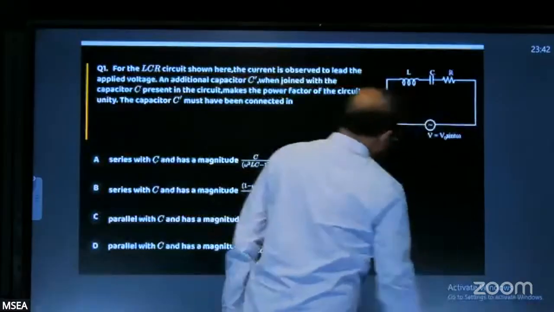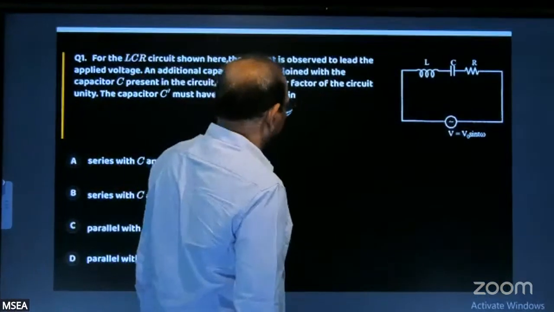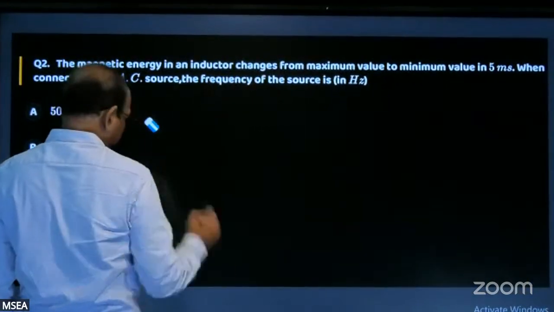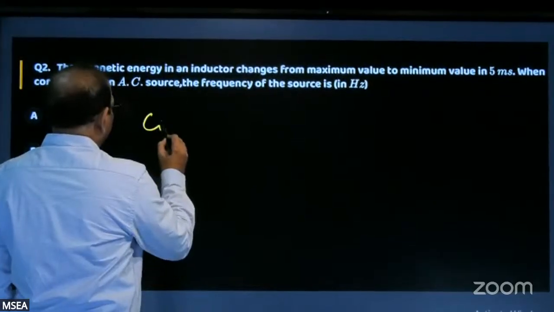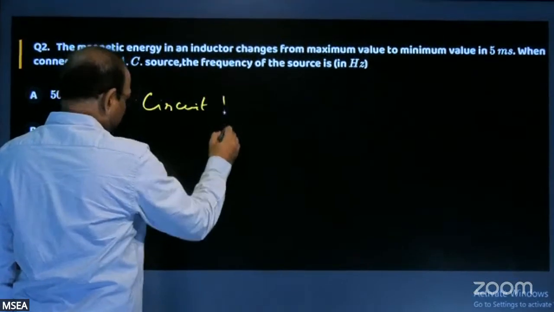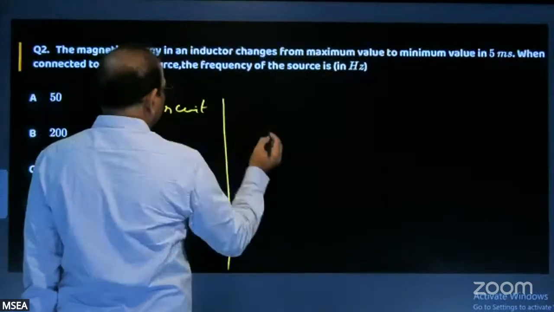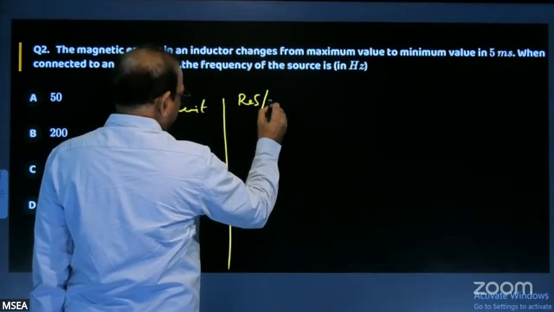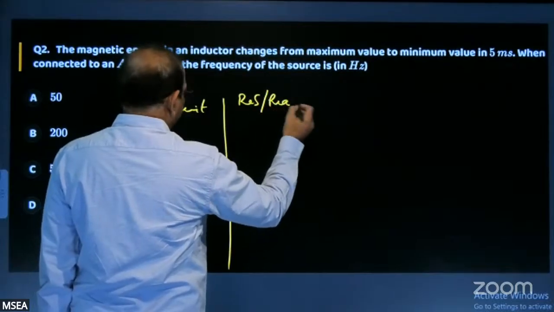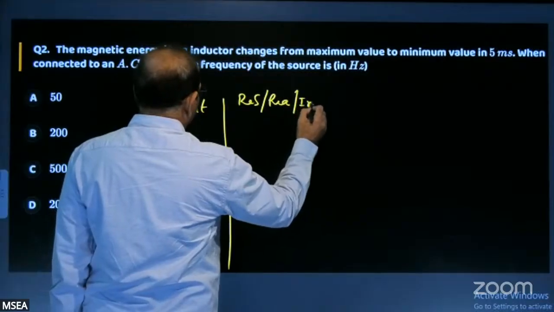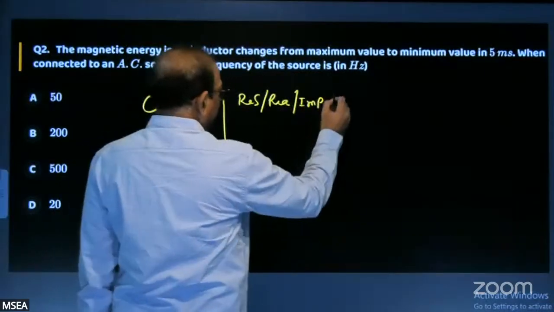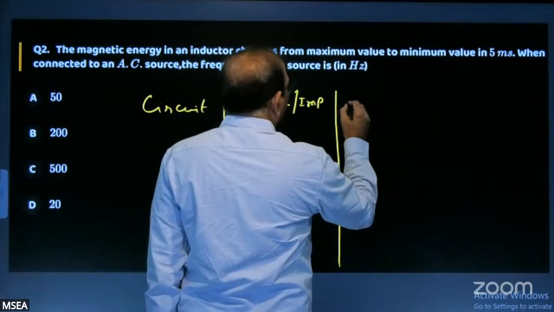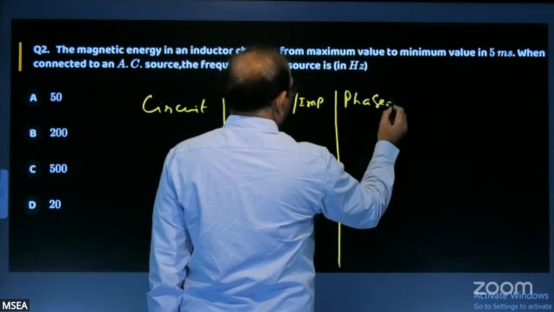Next, I will give you one table here. The columns are: circuit, resistance or reactance, or impedance of that particular circuit, and then phase difference.